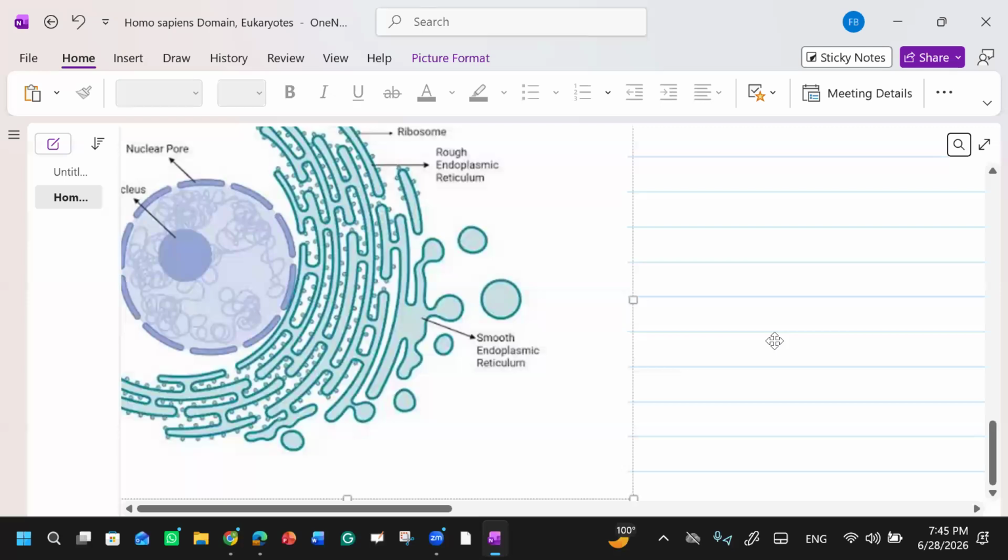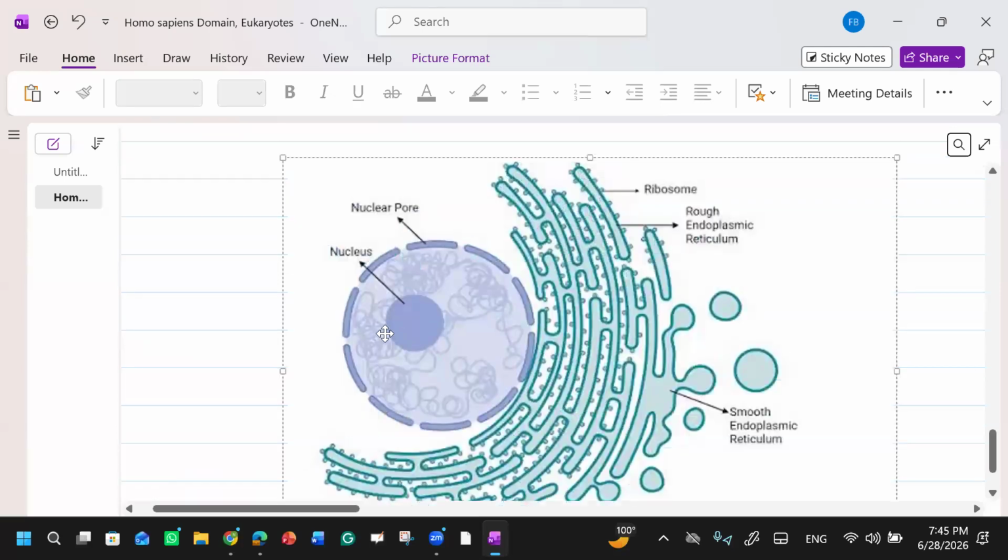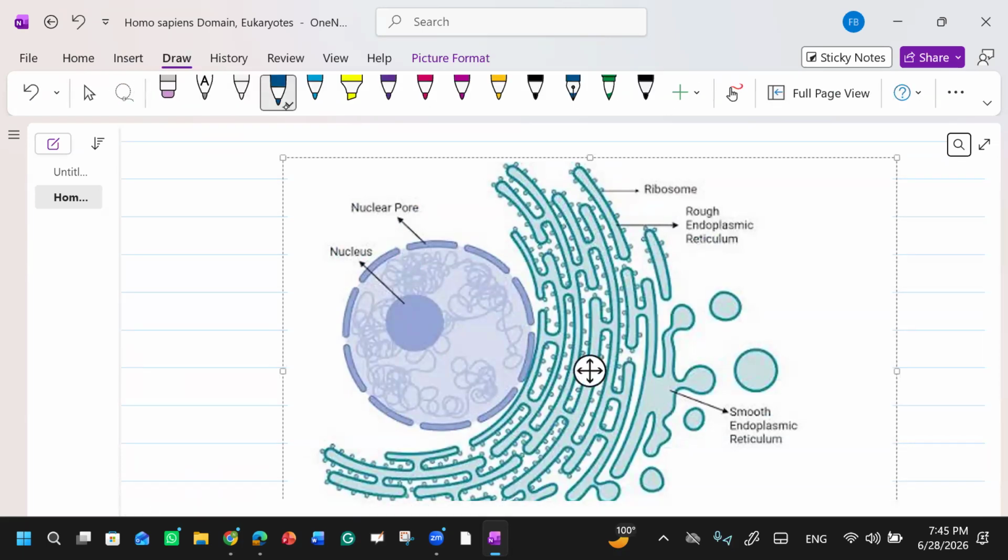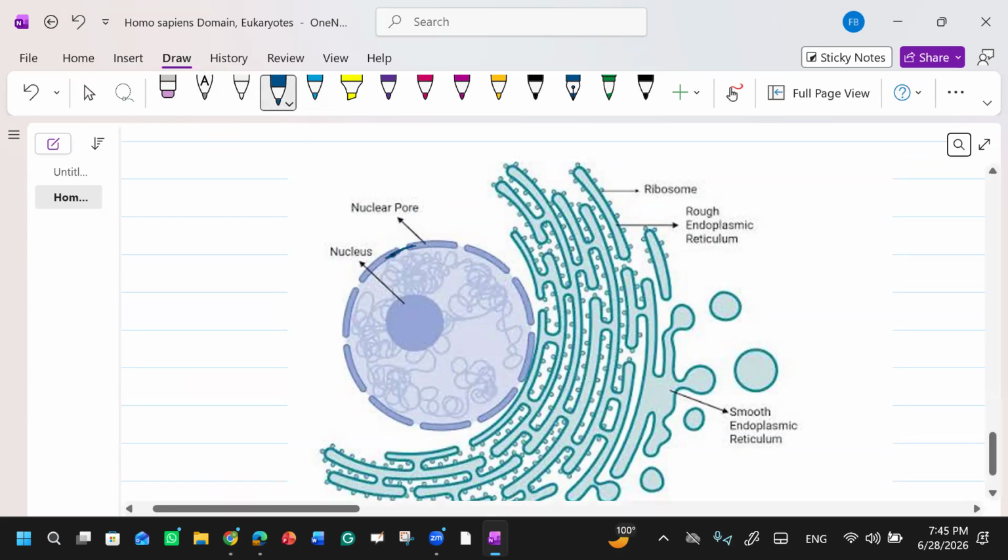Okay, in the center there is the nucleus. Outside there is the nuclear membrane, and this one is the nuclear membrane, and there are nuclear pores in it.